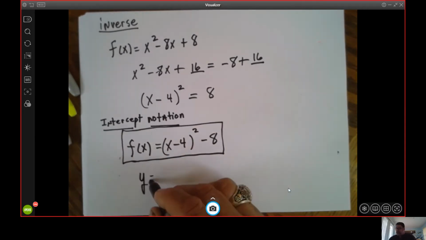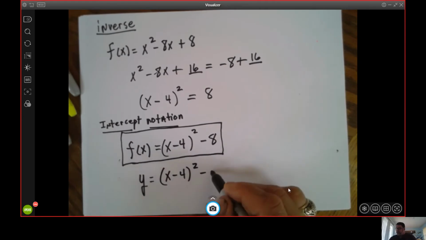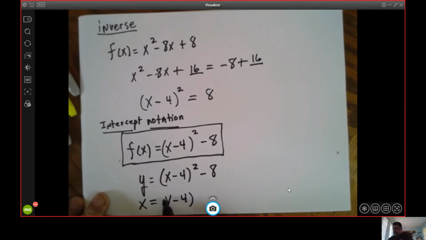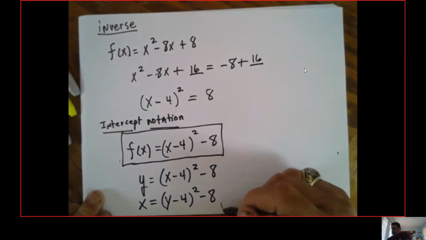y is equal to (x minus 4) quantity squared minus 8. Switch the x and y. And now solve for y.